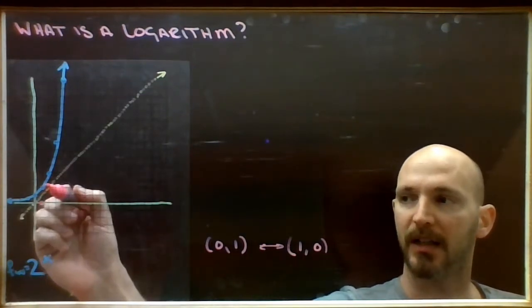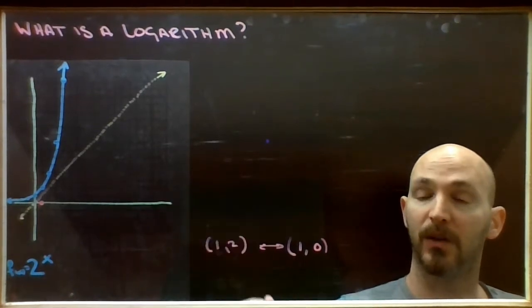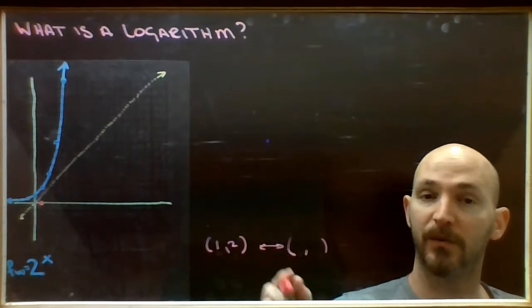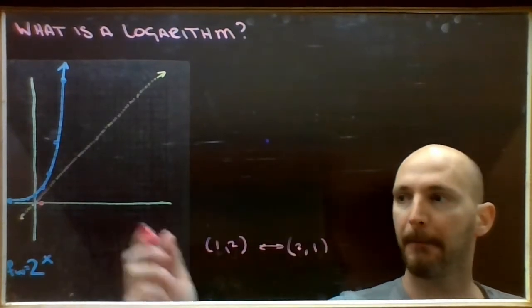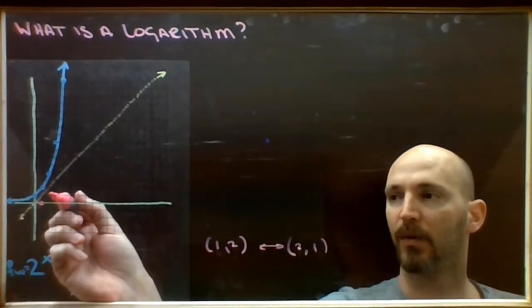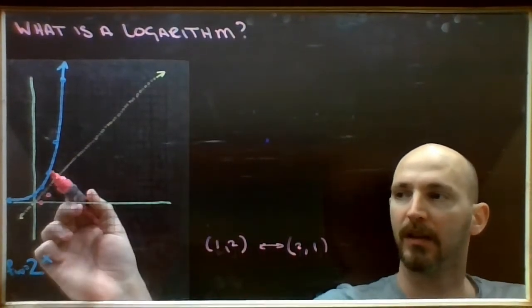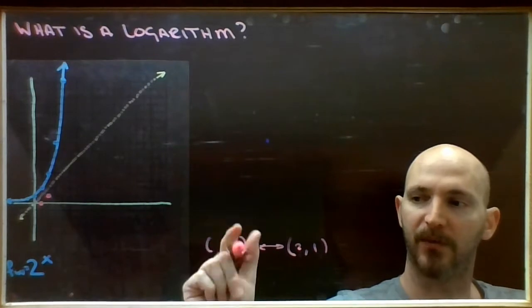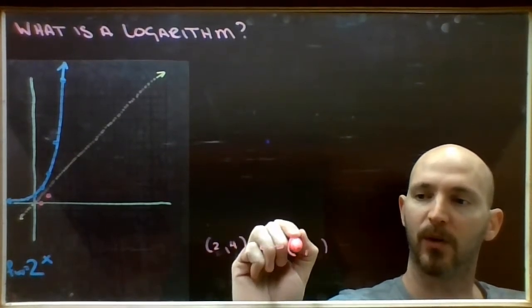This blue dot was at 1 on the x, 2 on the y. So my reflected dot will be at 2, 1. This dot was at 2, 4, so my new dot will be at 4, 2.